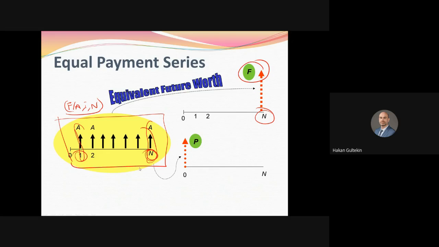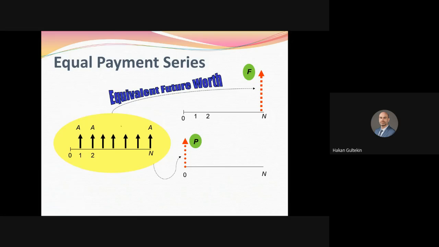That's it. And similar to this one, if you want to find the present value of such a uniform payment series at time 0, then we will use this factor, which is P given A, I, and n. Okay, this factor is for this payment series to find its equivalent value at time 0.